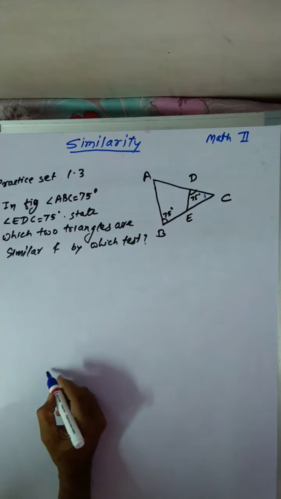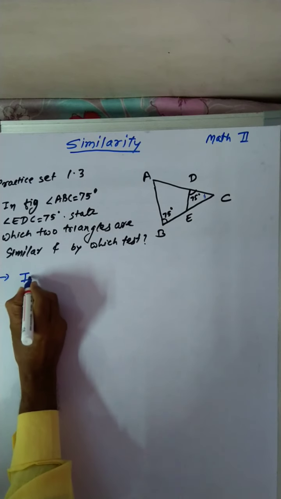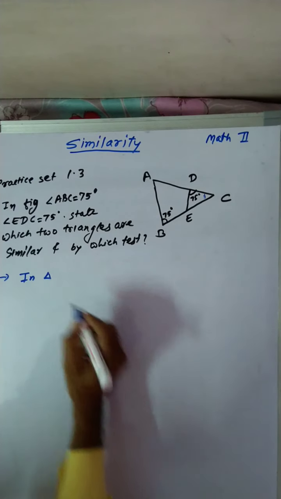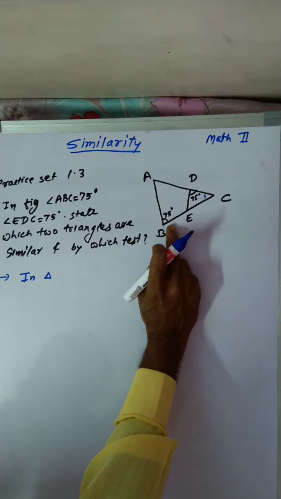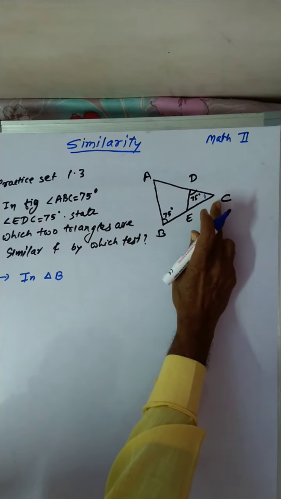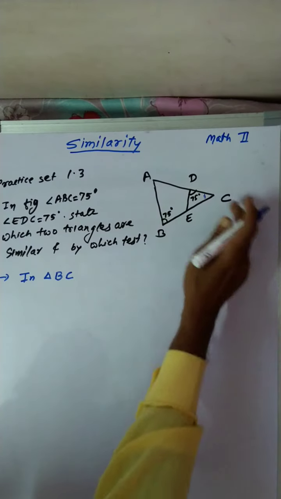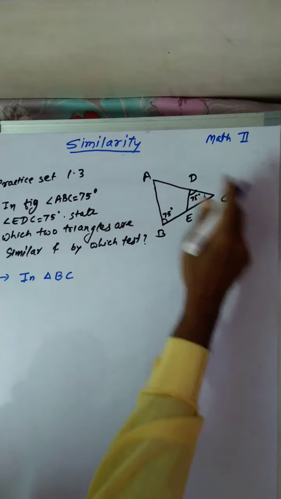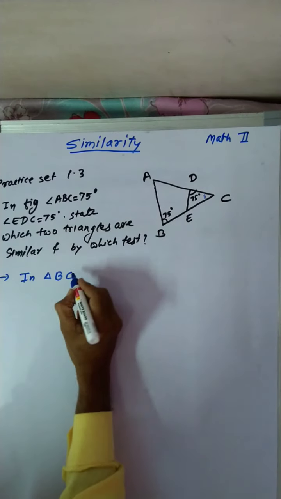That means we have to write the name of these two triangles. In the big triangle, first we take the congruent angle, that means angle B, then the common angle which is C, and then the remaining angle. That means triangle BCA.